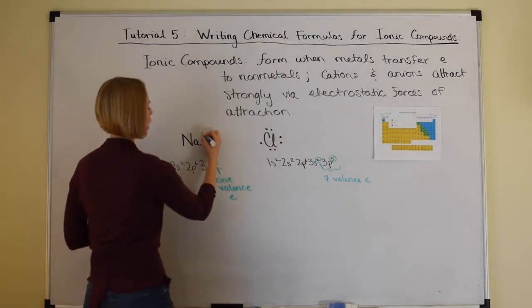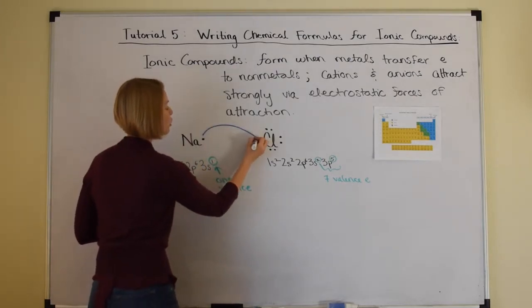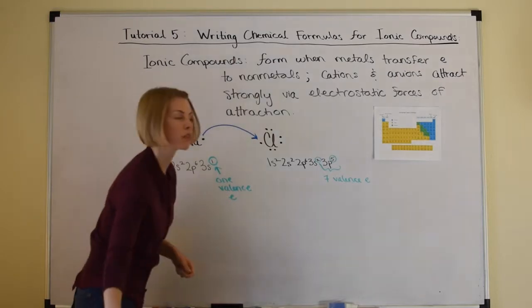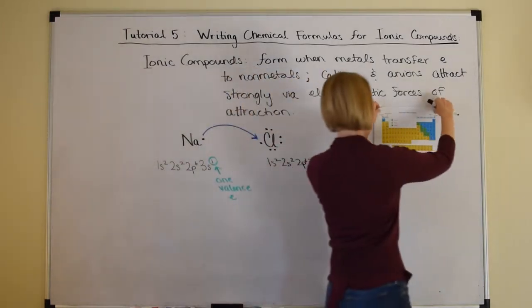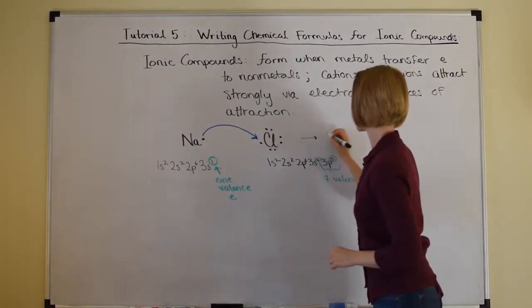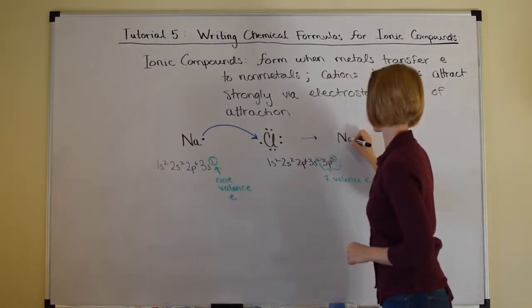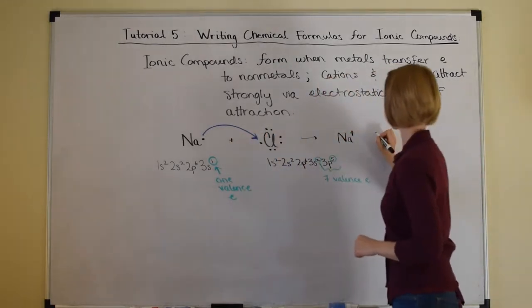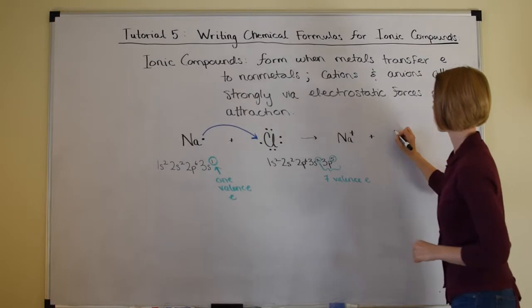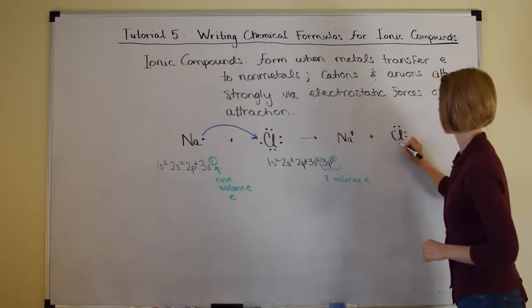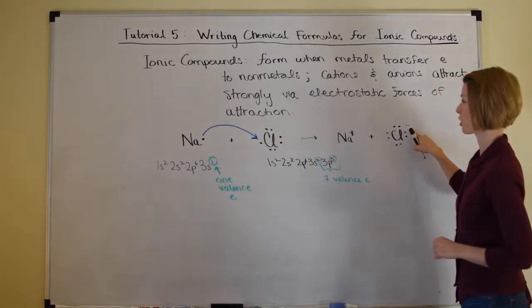For sodium to transfer its 1 valence electron to chlorine, the result is a sodium cation. I'll put a little plus here in between them, and a chloride anion. So I'm going to go ahead and draw that it's got that extra electron now and obtained a 1- charge.